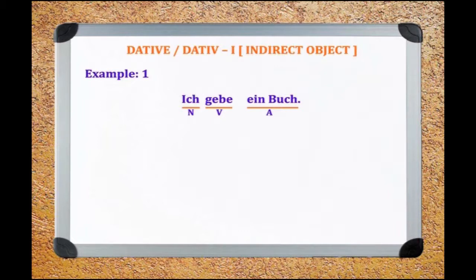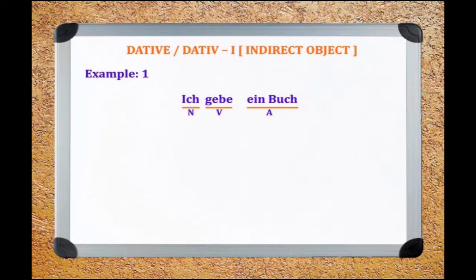Now, here we have the verb geben, which means to give. So here we have the pronoun ich, the person who is giving, that means the I, and the person gives something, which is the accusative, the direct object. Now the question is, to whom does I, the subject, give the book?